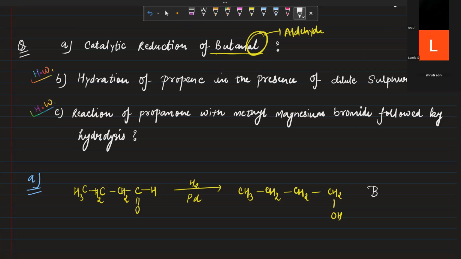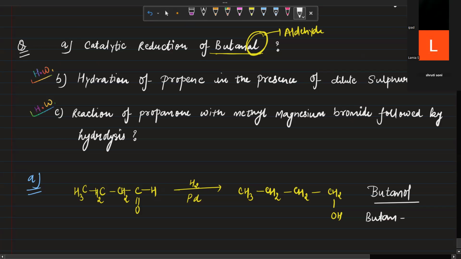If you number the carbon starting from the carbonyl group, there would be an aldehyde on the first carbon. So there would be butane-1-ol. Yeah. You can write butanol and you can also write butane-1-ol.